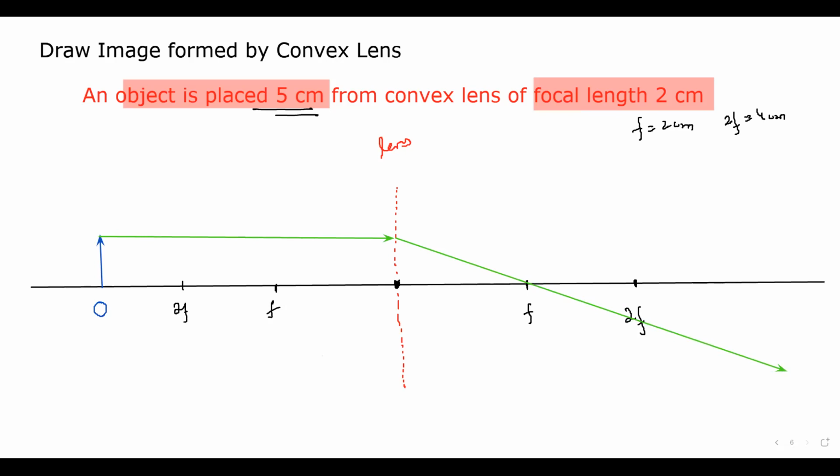Is it clear till this point? So first draw ray 1, which is parallel to the principal axis. From where it will pass? It will pass through the focus. Then draw ray 2.